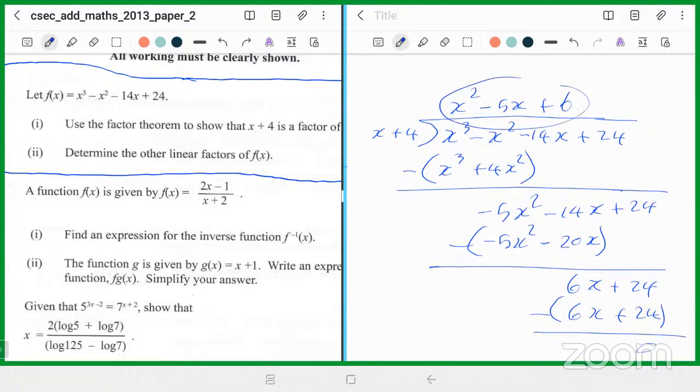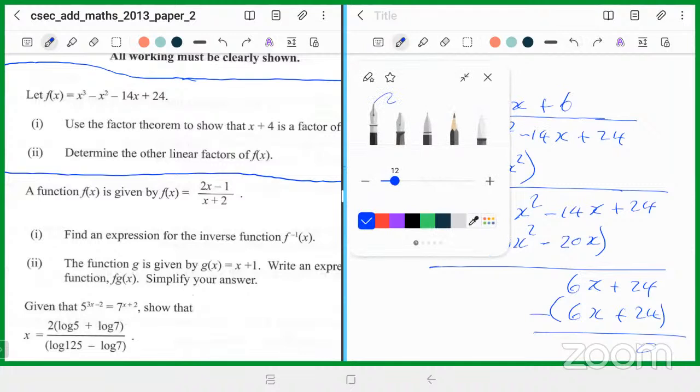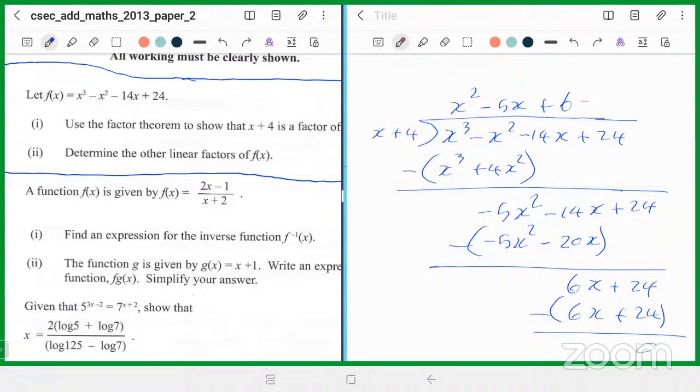And this up here factorizes easily. So what will be the factors of this? It will be x and x, and then factors of 6 that add to 5. Factors of 6 that add to 5 are 2 and 3.